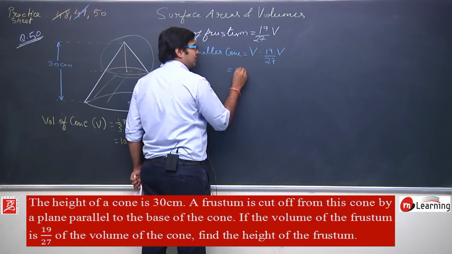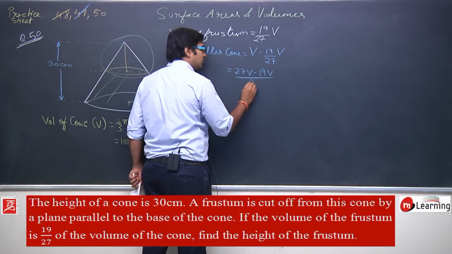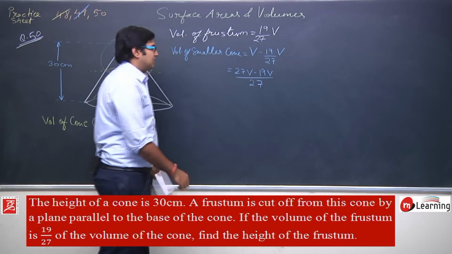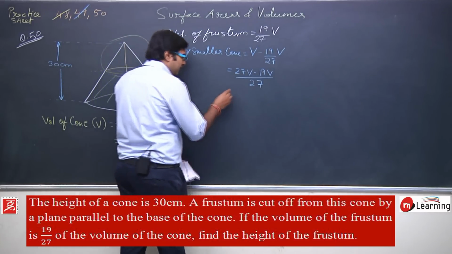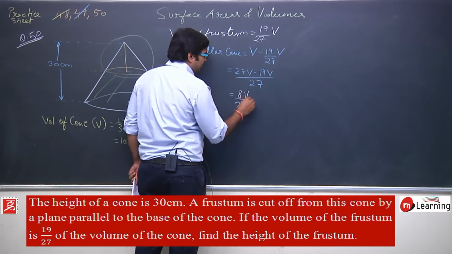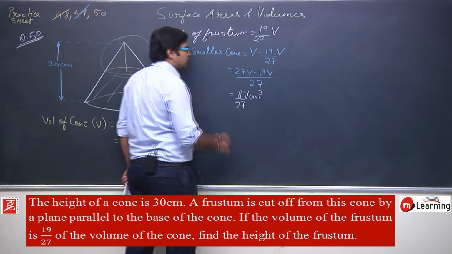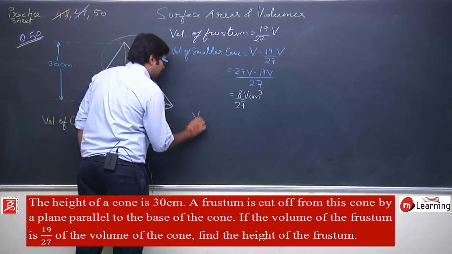So this will give you 27V minus 19V upon 27. What is 27 minus 19? It will give you 8. So this will become 8 upon 27 V centimeter cube.